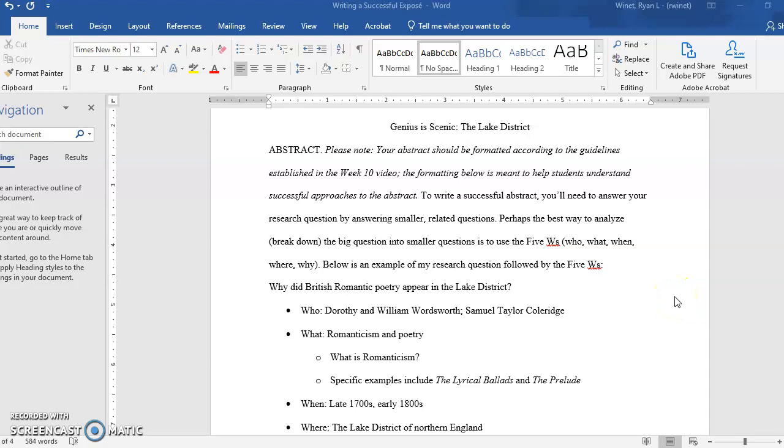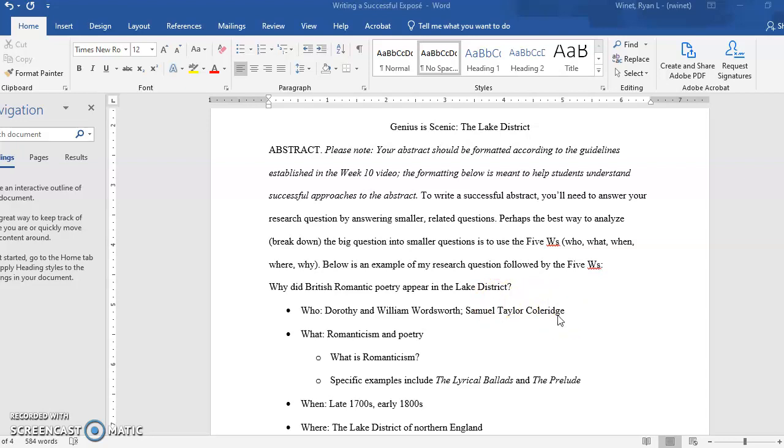The best way, I think, to break down the big question into smaller questions is to use what journalists call the 5 W's: who, what, when, where, why. Some people include a 6th question, which is how, and it's up to you as to whether or not that how is useful. But all of you should think about the 5 W's.